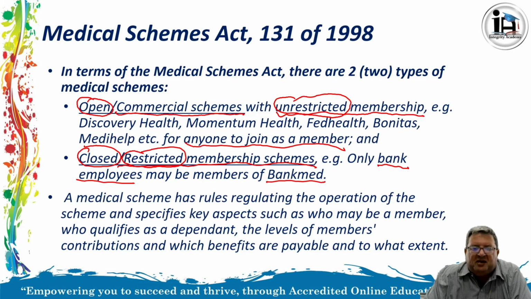I cannot be a member of BankMed because I'm not a bank employee. And some of you will also not be able to join BankMed because you're also not an employee of a bank. Those of you who are, yes. If you're an employee of a bank, you can join BankMed. So that is restricted to that company.